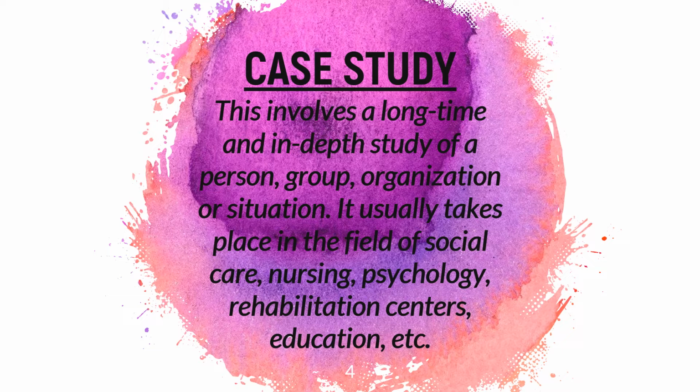So meaning it's a more focused type of qualitative research because you are just studying a specific person or a specific group of people or a specific situation. That's why it's called a case study.